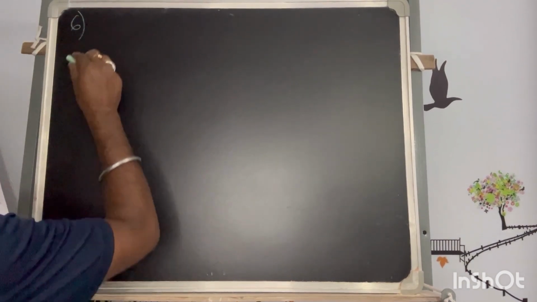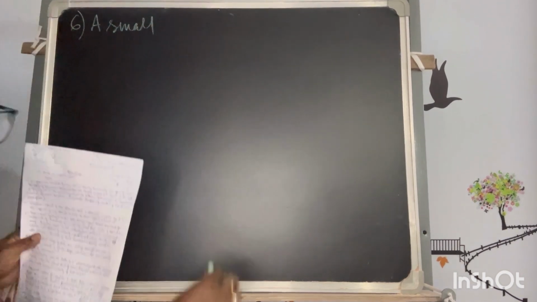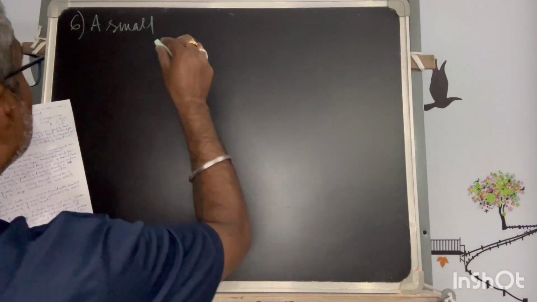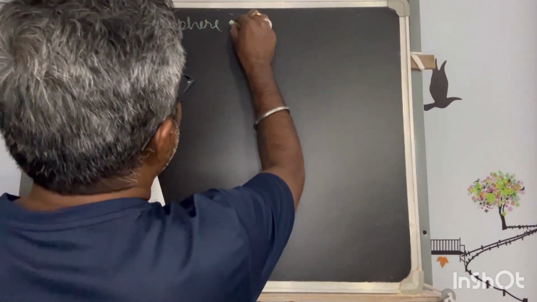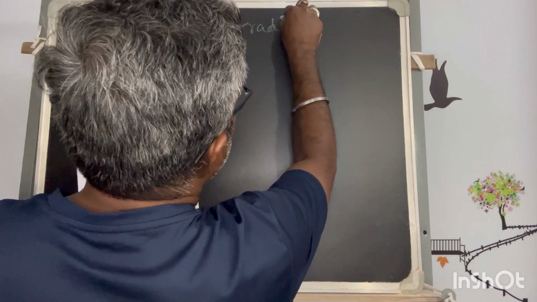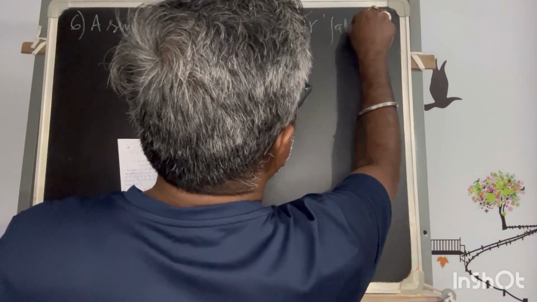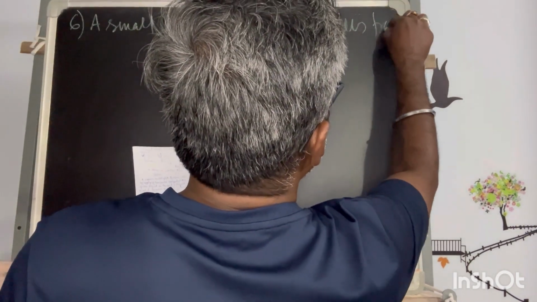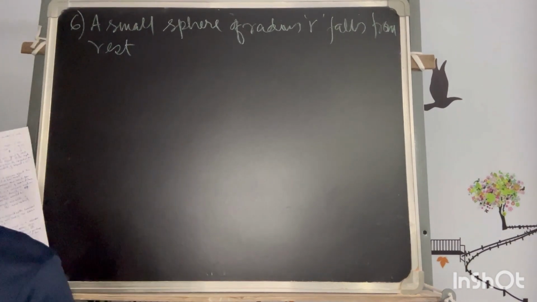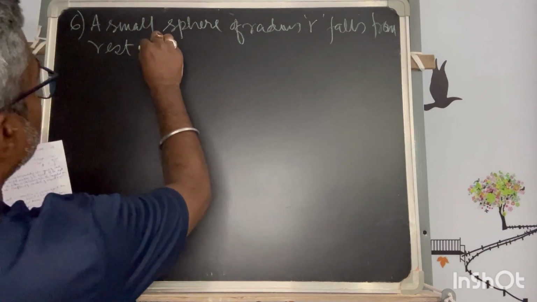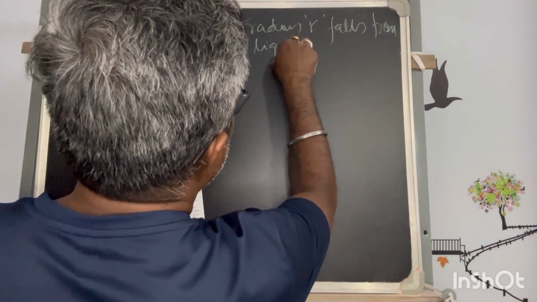The problem says: a small sphere of radius r falls from rest in a viscous liquid.